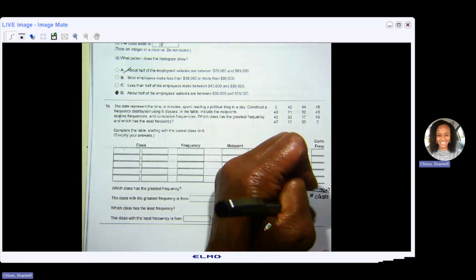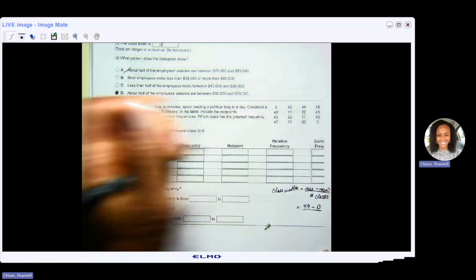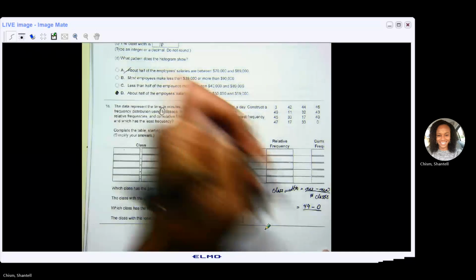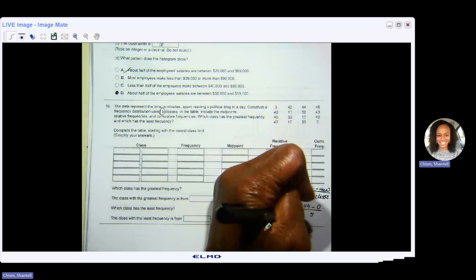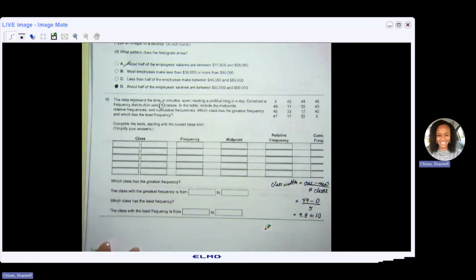So 49 minus 0, divided by 5 classes, gives us 9.8, which we round up to 10. So my class width is 10.